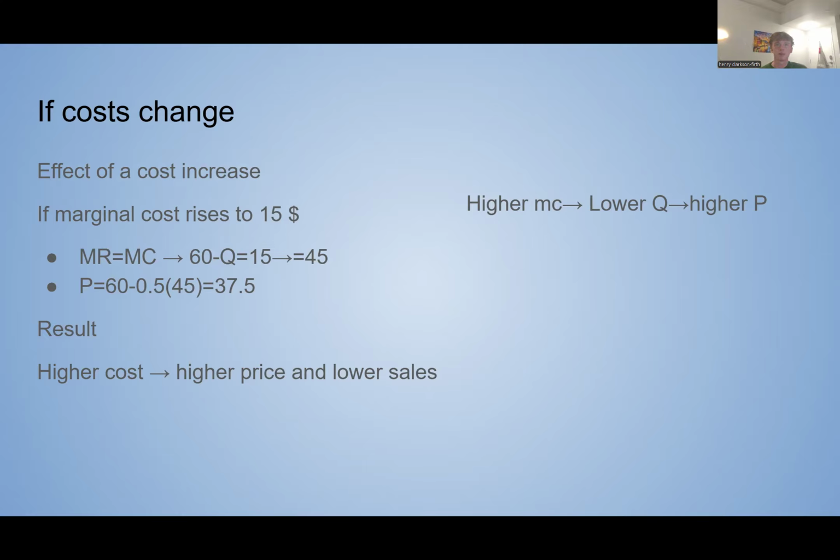This means our bakery should raise its price to about $37.50 and expect to sell around 45 kronas. This makes intuitive sense. When costs go up, businesses need to raise prices to maintain profitability. So this isn't just static, it's flexible, and you can quickly recalculate prices when input costs change.